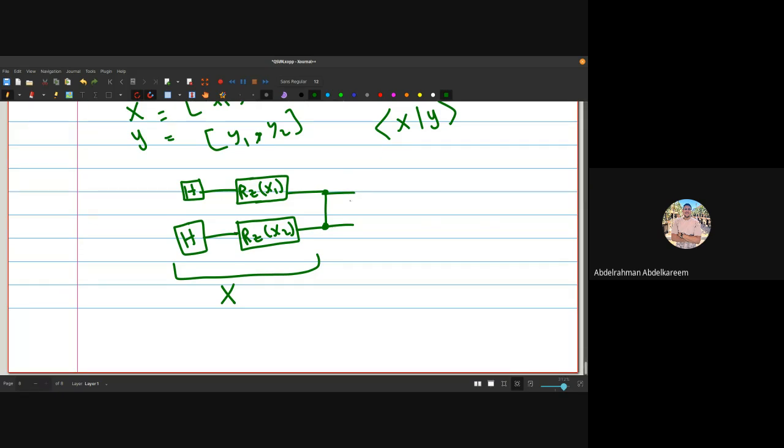The second part is applying the same encoding, but the inverse of the Z feature map, for y. The inverse will start with the controlled Z, then RZ with negative y1, and the same with RZ negative y2, and then apply Hadamard.